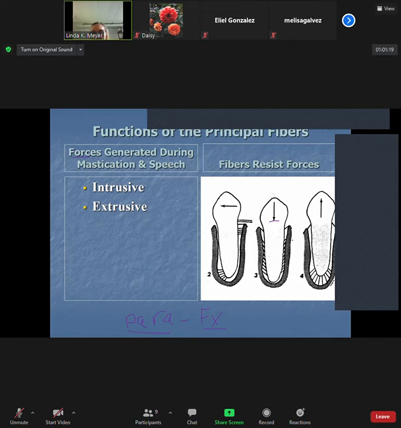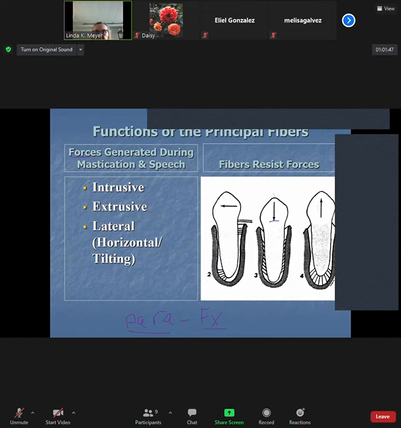An extrusive force would be like trying to pull your tooth out, or eating some kind of sticky candy like caramels. Your teeth are going to stay in the socket. If the attachment apparatus is intact, the pulling forces from trying to unstick that candy are not going to pull your tooth out.